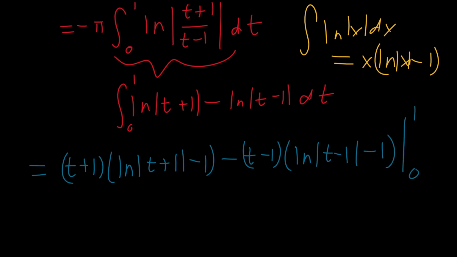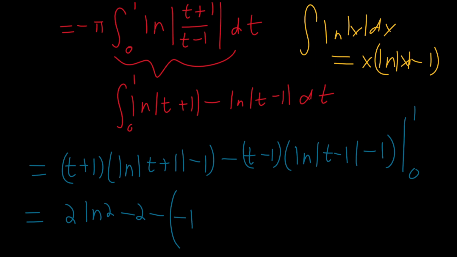So evaluating that, plugging a 1 in everywhere, we find that that whole second bit actually goes to 0. And for the first bit we have 2 times the natural log of 2 minus 2. And then plugging in 0, so minus, where we plug in 0, we find that we have 1 times the natural log of 1, which is 0, and then times negative 1.